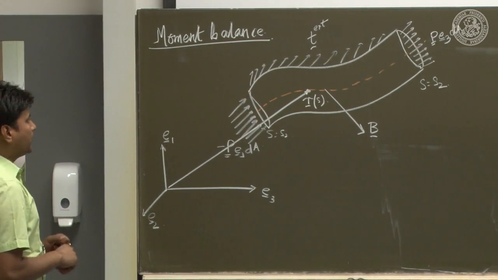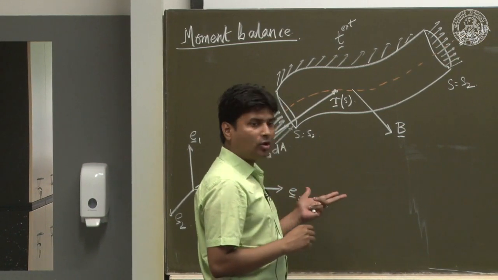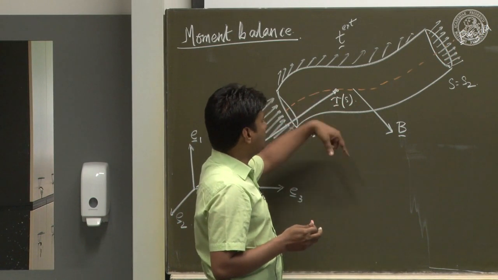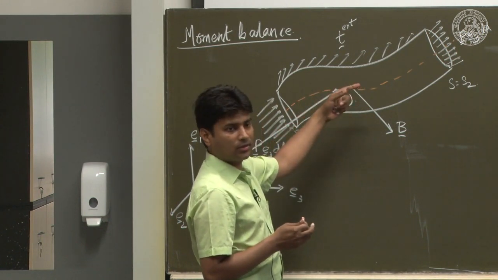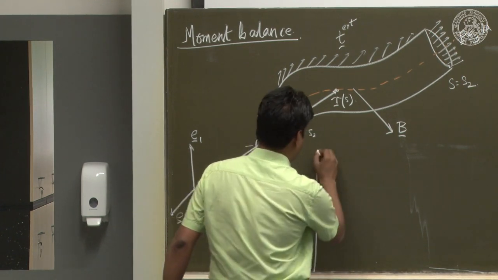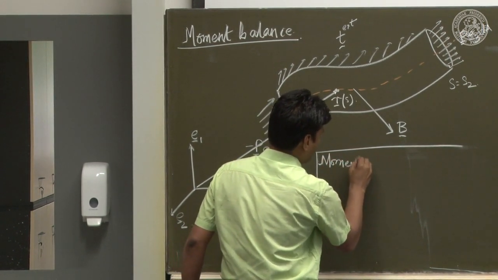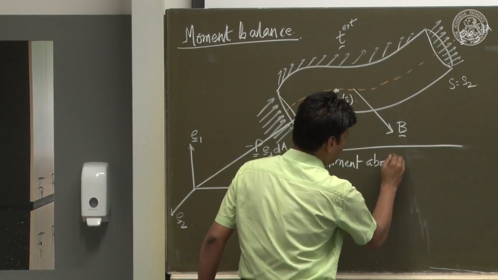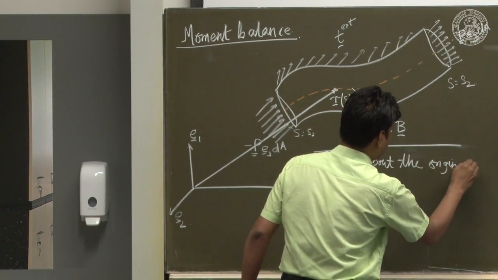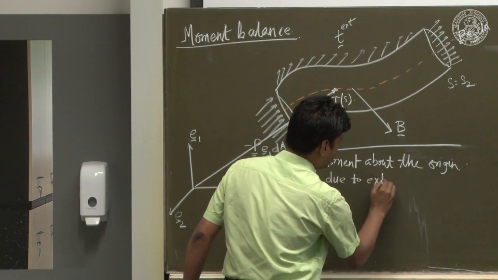Let's first get the moment of the external loads, which are the body forces and the traction on the lateral surface. So let's do first due to external loads.